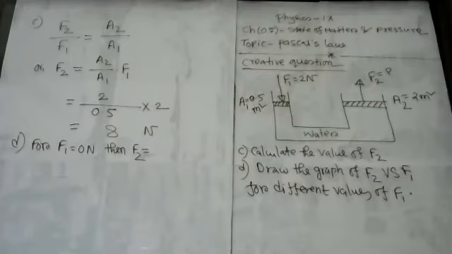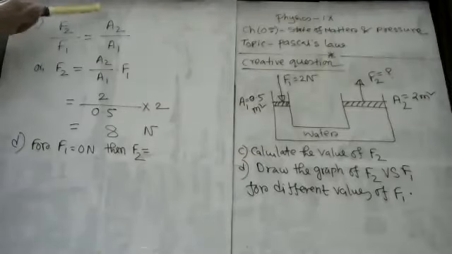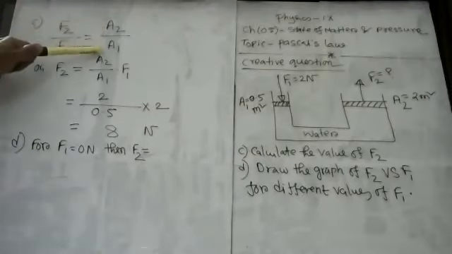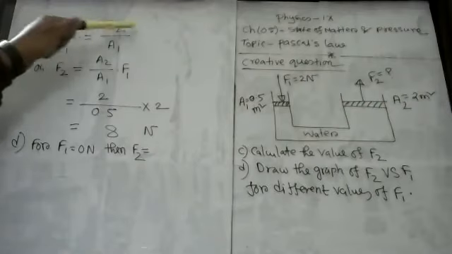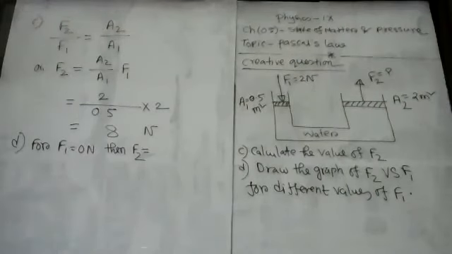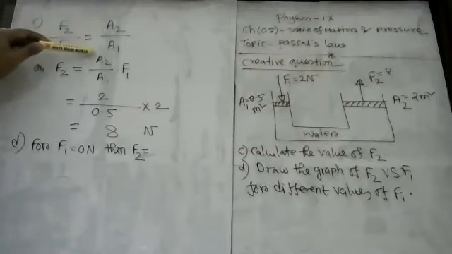If you want to find out the value of F2 only, F2 will equal A2 by A1 multiplied by F1. I repeat, F2 equals A2 by A1, multiplied by F1.